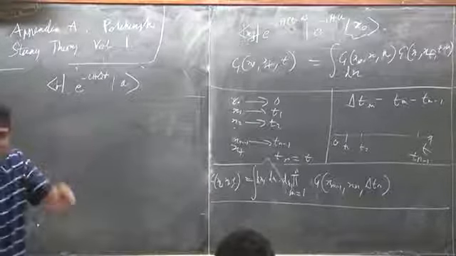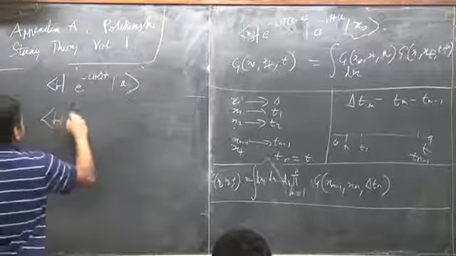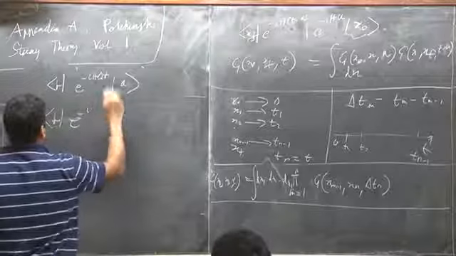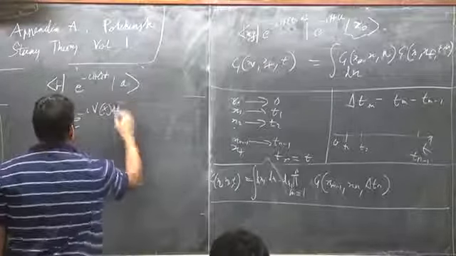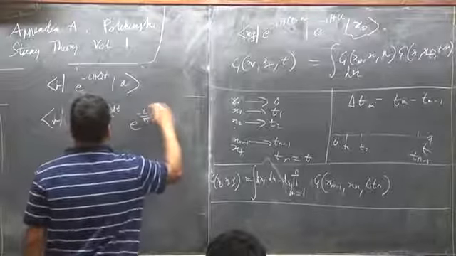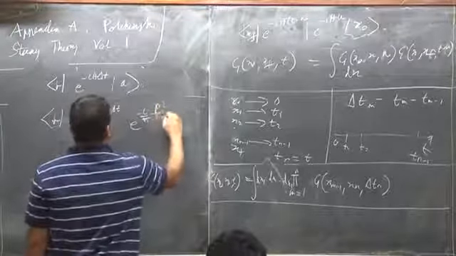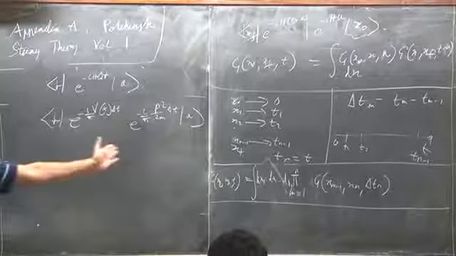The difference again is proportional to the commutator, so delta t squared. So let's write this as e to the power minus i V of x delta t over h cross, times e to the power minus i over h cross p squared by 2m delta t. Valid to first order in delta t.